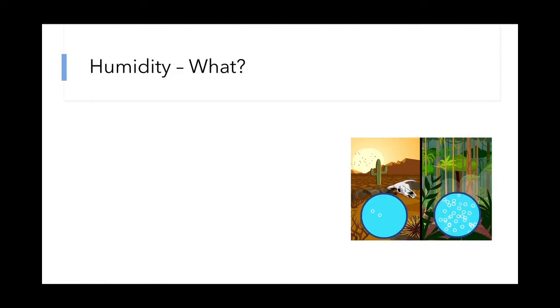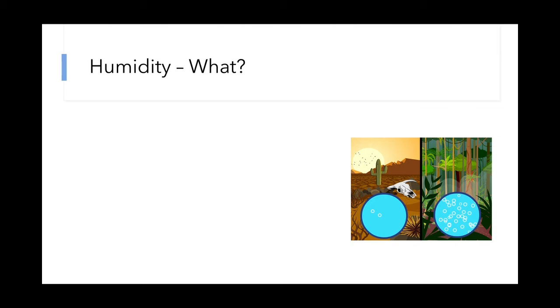Now we are left with two factors, wind and humidity. Before I can talk about how wind affects evaporation, you need to know how humidity affects it. Before I can talk about how humidity affects it, we need to clear up what the actual meaning of humidity is, because a lot of people have a wrong understanding of the word humidity, because the word is used very loosely.